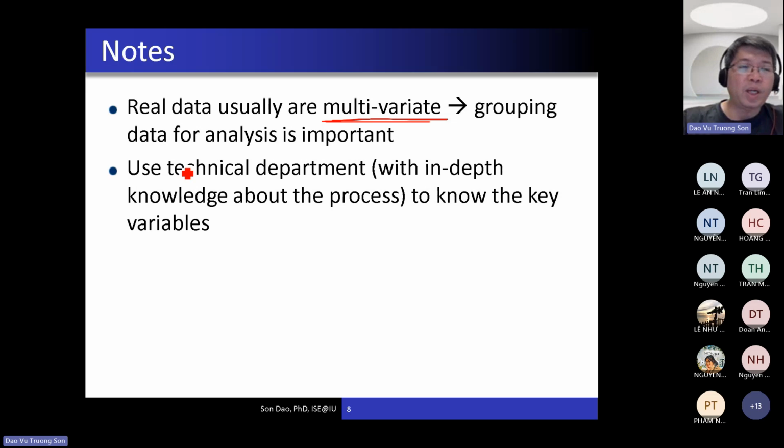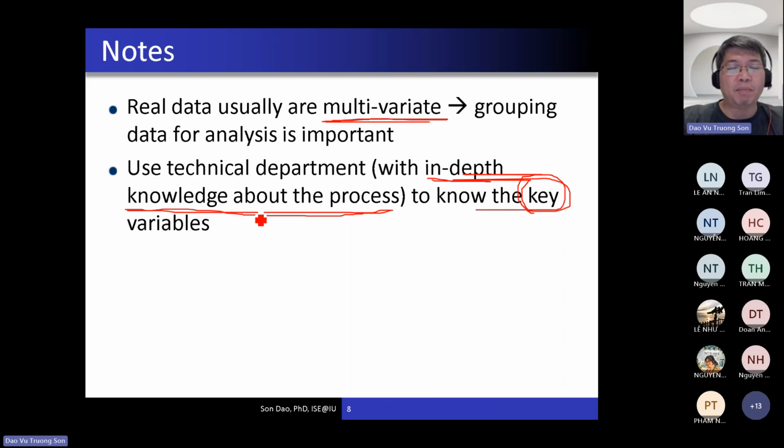Therefore, before we try to construct the SPC, especially a variable control chart, you have to get in-depth knowledge about the process, so that we can know which one is more suitable to be used, X bar and R, or X bar and S. It highly depends on the nature of the process, so that you know the key variable that is the most important to the entire process.